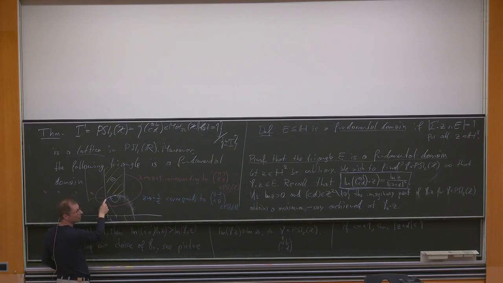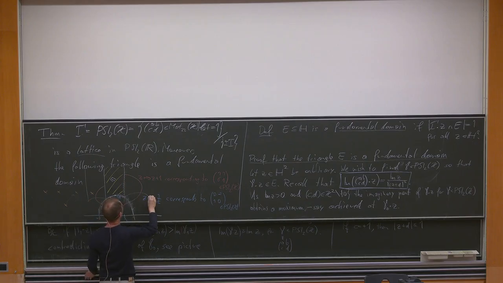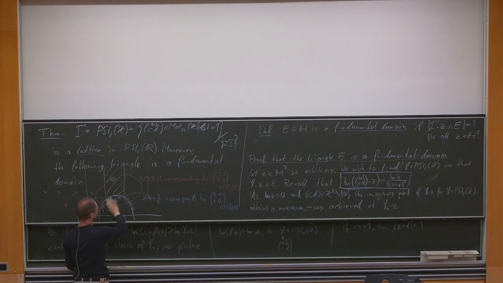Well, there's this guy, which corresponds to that guy. And I can shift to the right instead. How many points, again, do I have from the shifted region that are still inside the unit circle? Well, there's this guy, which is the same guy again.